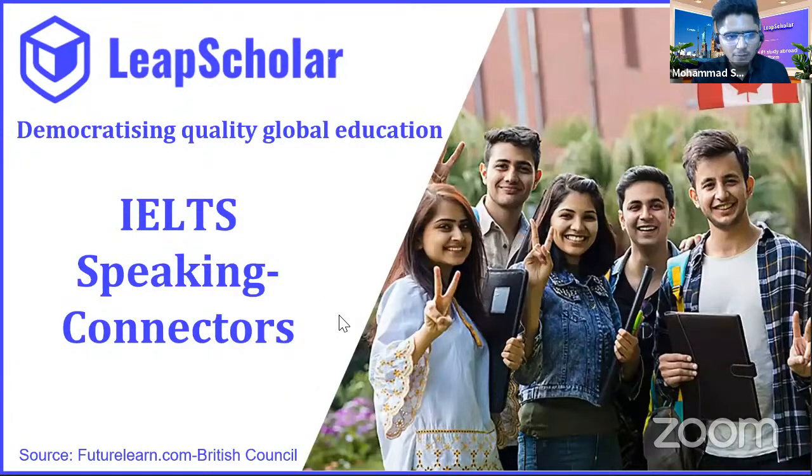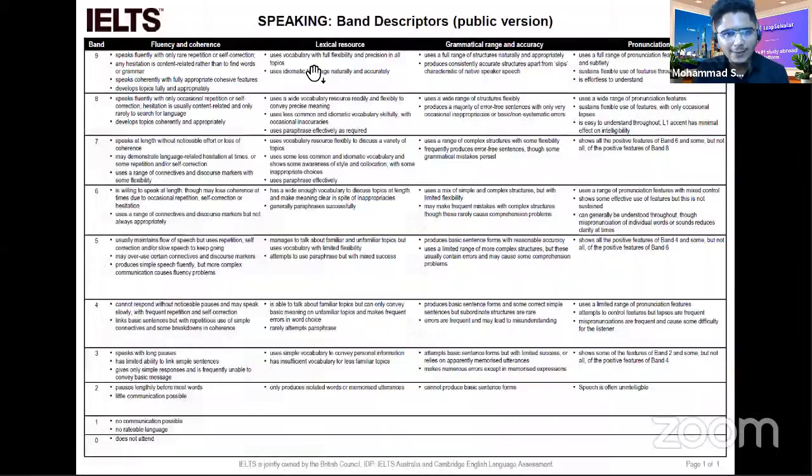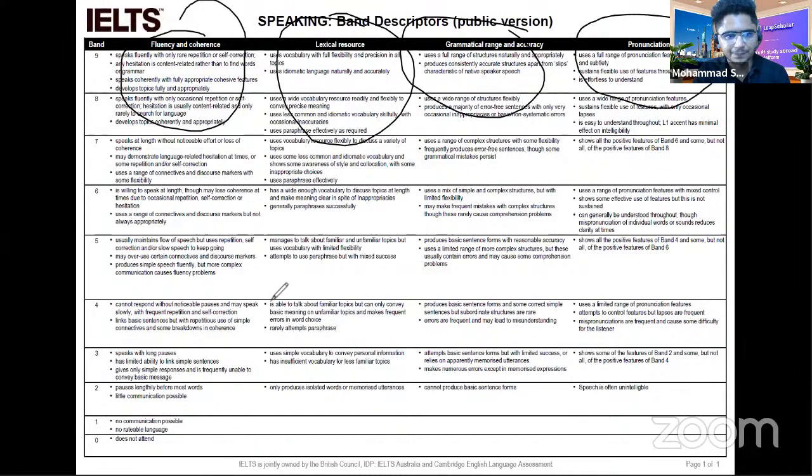But I'm going to give you an answer based on what the people from IELTS have to say. Take a look at this screen. As you know, there are four things on which IELTS speaking is assessed. First is fluency and coherence. Second is lexical resource. Third is grammatical range and accuracy. And fourth is pronunciation.